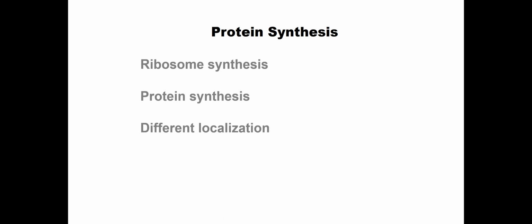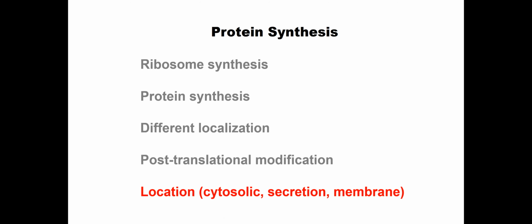And the synthesized proteins can go to many different locations inside the cell. They can be modified with different structures, so-called post-translational modification can also happen. Now here, I want you to focus on the location of the synthesized protein.